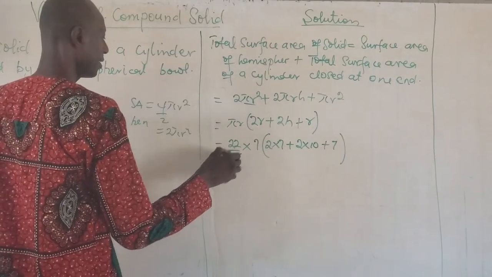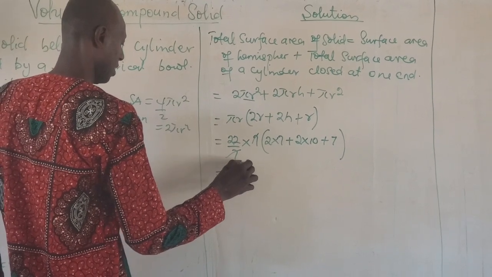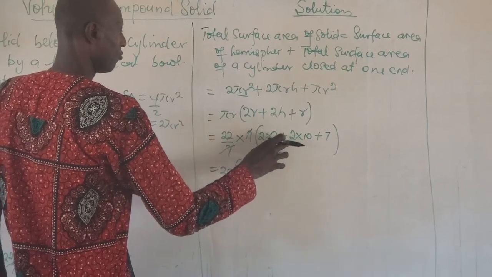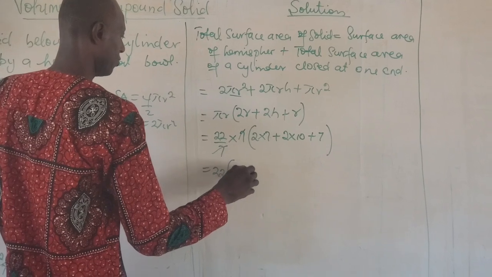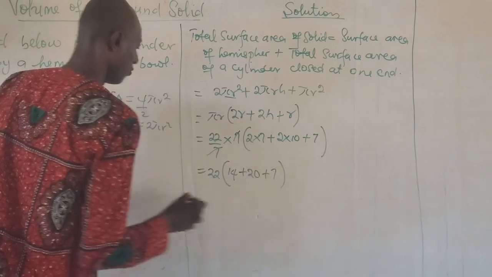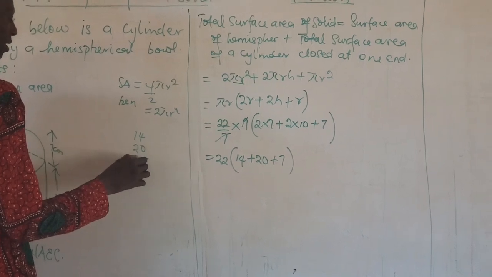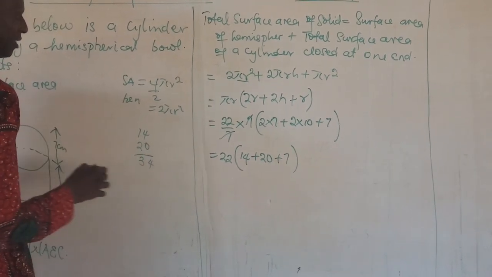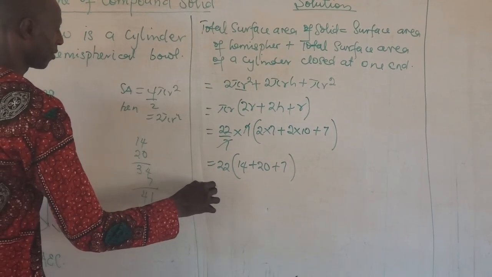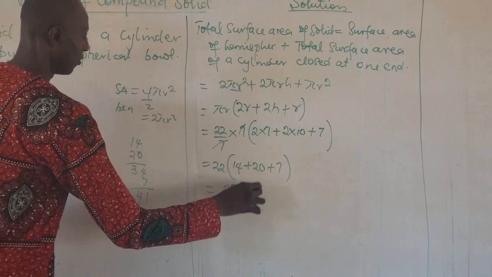Now, this can cancel this, so you are left with 22 into 2 times 7 is 14, 2 times 10 is 20, then plus 7. So what is 14 plus 20? That gives 34, plus 7 gives 41. So here is 22 times 41.